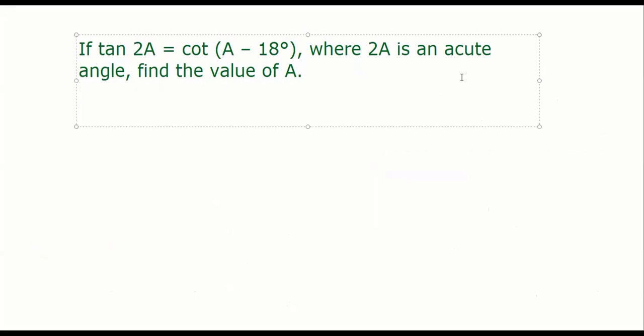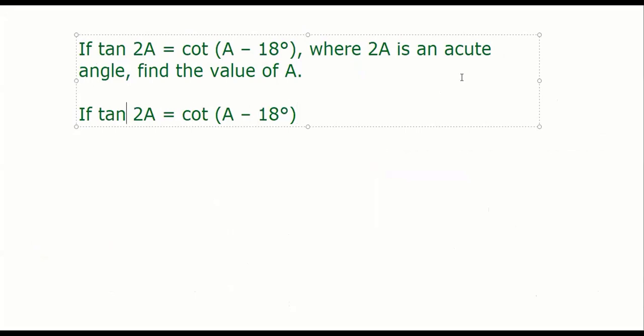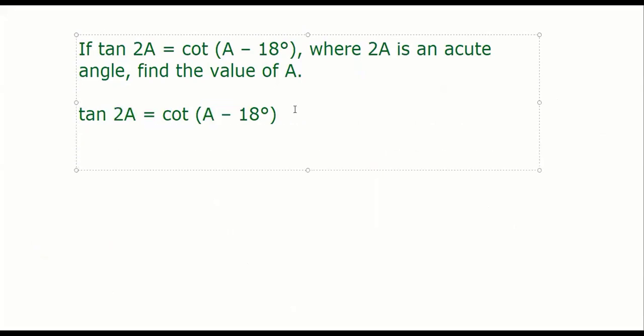What I will do is, first I will write, Bhuvija, you have a question, unmute. So tan of 2a is cot of this. On the left side, tan 2a also can be written as cot of 90 minus 2a, right?